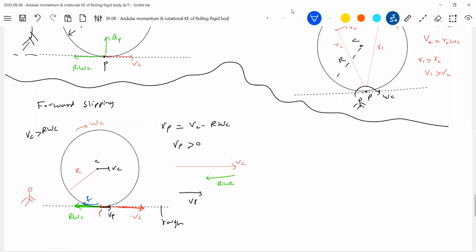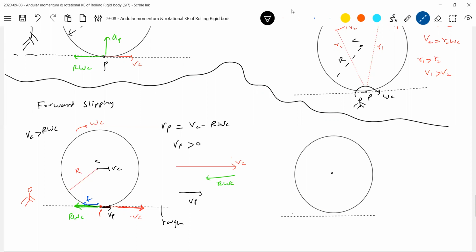I'll show it like this. For forward slipping, in the resultant diagram, I'll show only the velocity. Look at it now. What is the velocity of point P? The resultant velocity of point P is like this. Then how will the friction act?